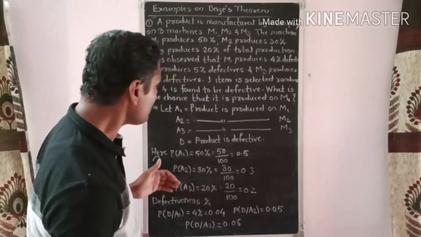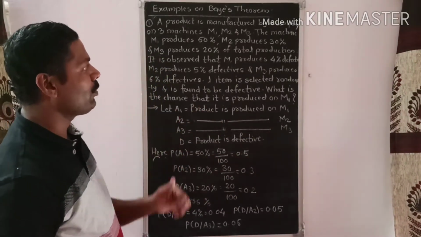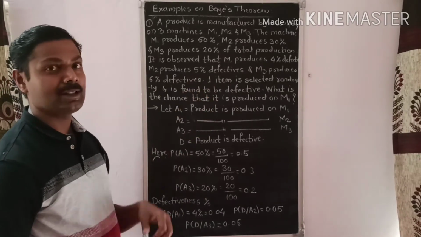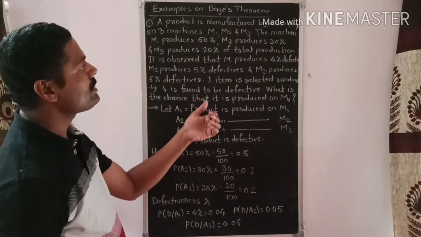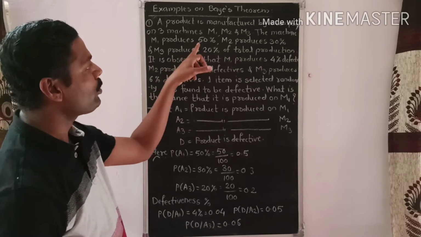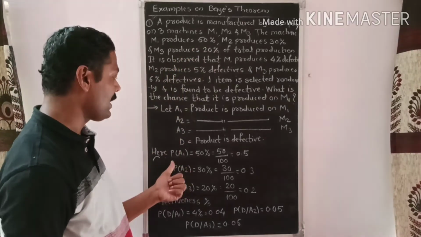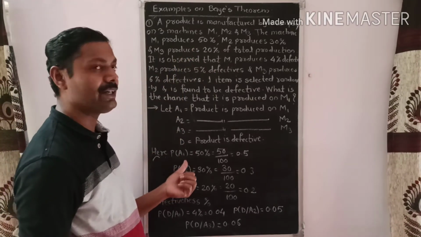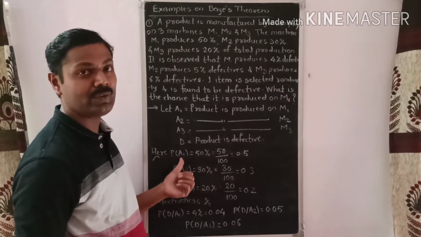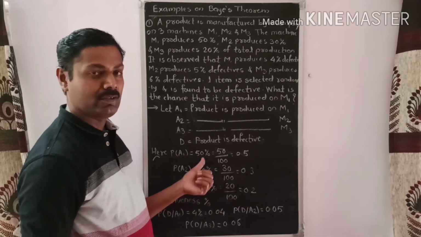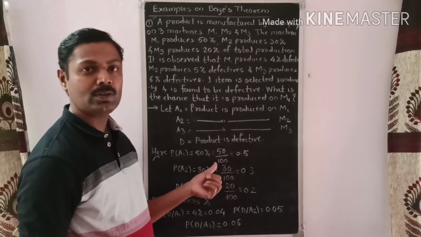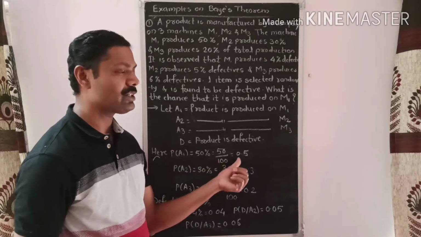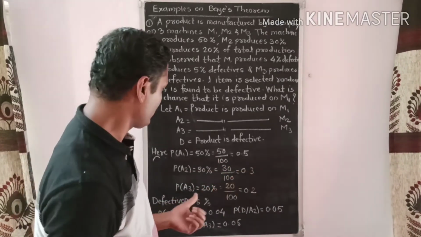Here we have been given information regarding the production. What is given? The machine M1 produces 50%. It means that production on machine M1 is 50%, so P of A1 is 50%. 50% means 50 upon 100, which is 0.5.